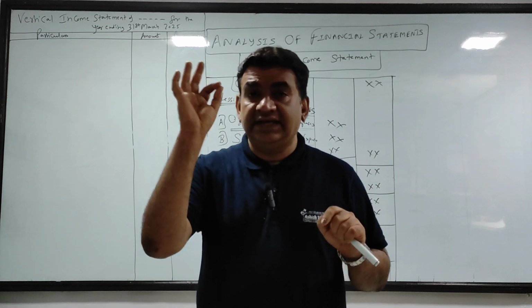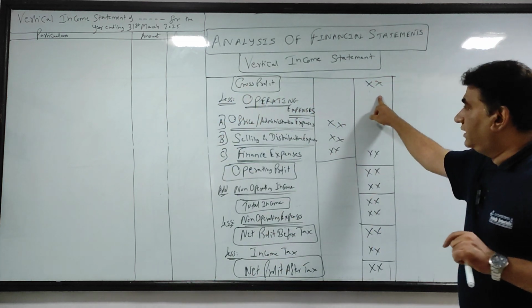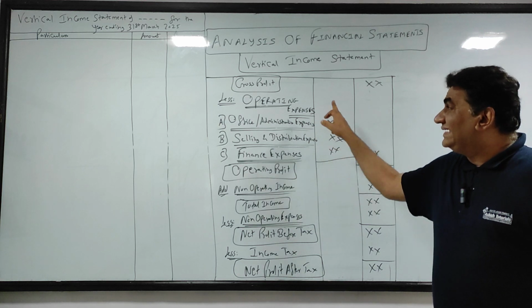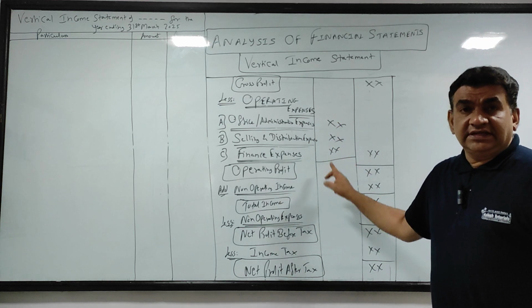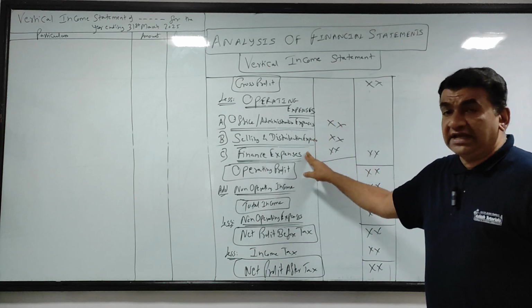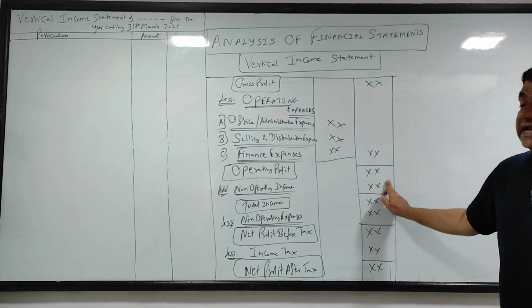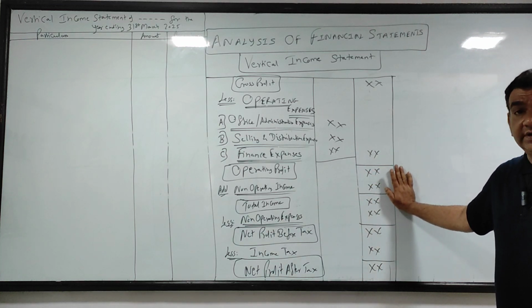Gross profit, net sales minus cost of goods sold gives you gross profit. From the gross profit, deduct operating expenses, which is classified in 3 categories: office admin, selling distribution, finance expense. Take the difference, that is your operating profit.